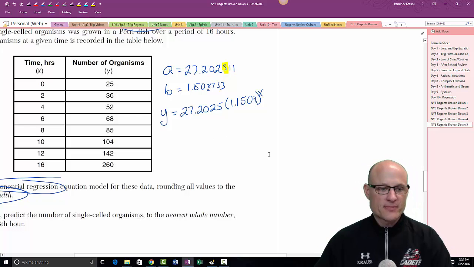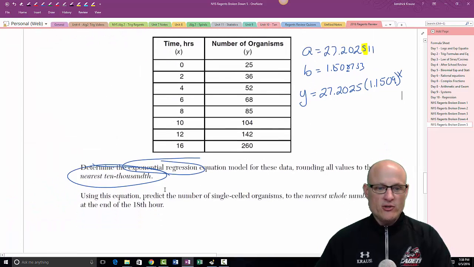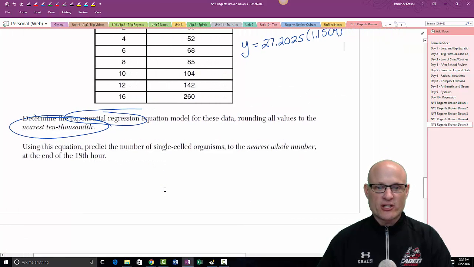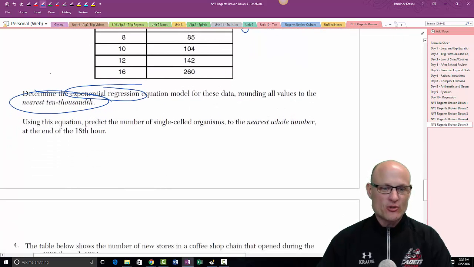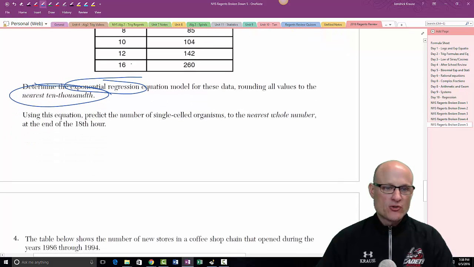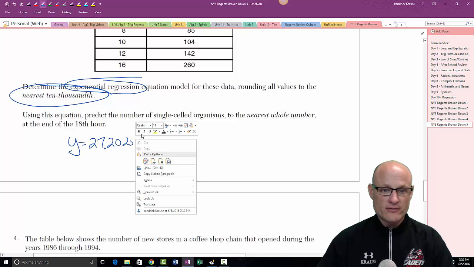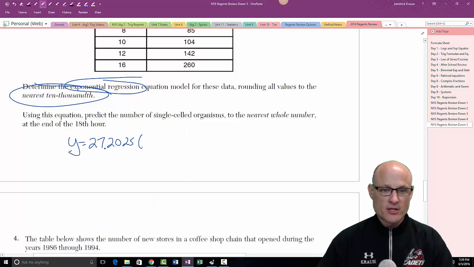All right. So it says, using this equation, predict the number of single-celled organisms to the nearest whole number in the 18th hour. So again, you have to show your work. By the way, did I write y equals? I hope I did. Yeah, I did. So y equals 27.2025 times 1.1509 to the 18th.